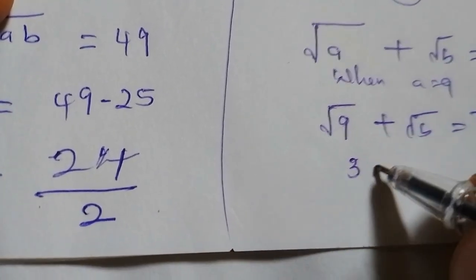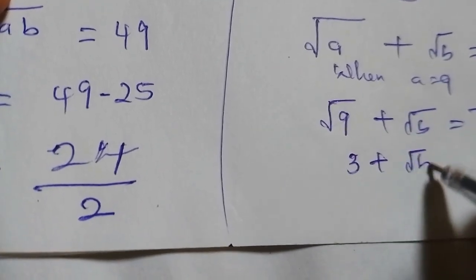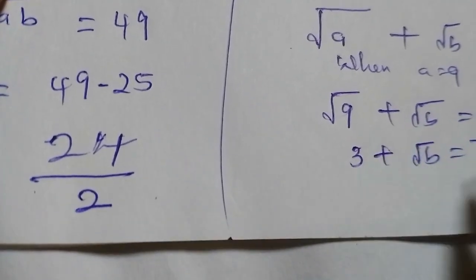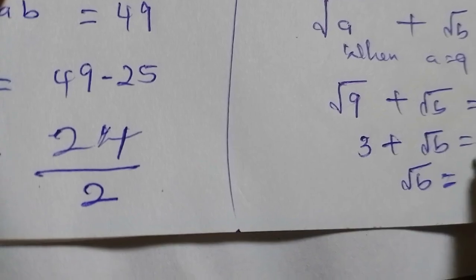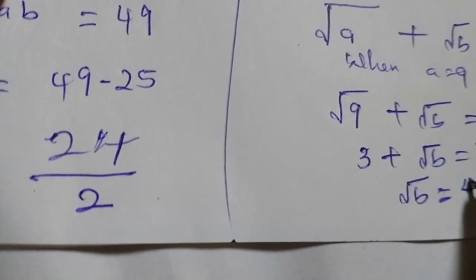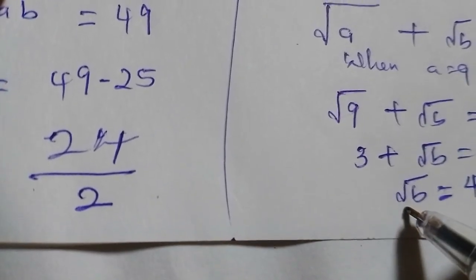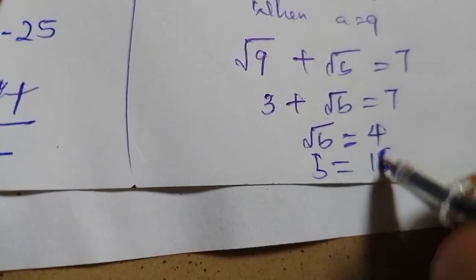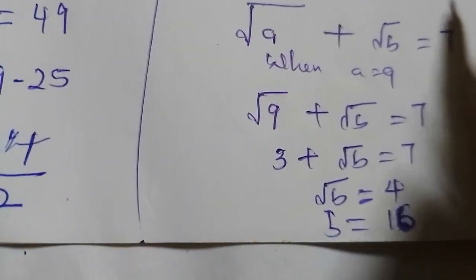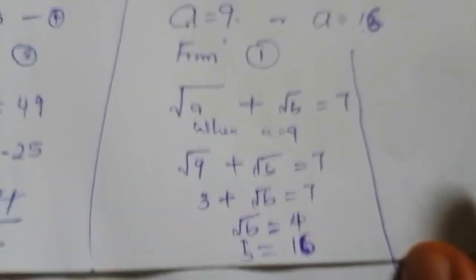That will be 3 plus root B equals 7. When I collect the like terms, square root of B will give me 7 minus 3, that will be 4. And taking square of both sides means B will give me 16. So if B is 16, now let's find the second value.